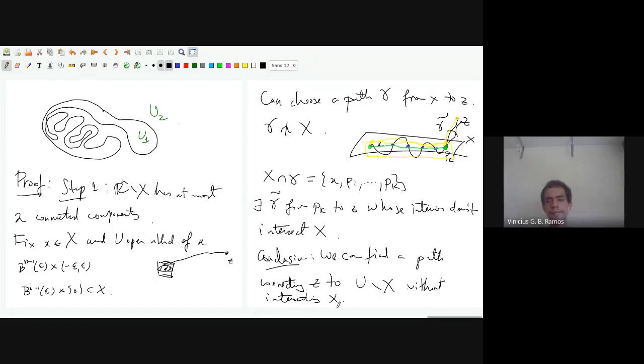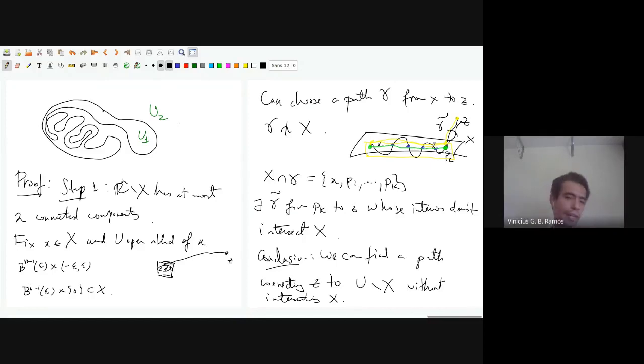Was that clear? If you want to write down more, you can write another paragraph. You can write the parameterization of gamma, and say that at gamma of some t0, you're at Pk, so at gamma of t0 plus epsilon, you're in a neighborhood of Pk, but the path that goes from there to Z never intersects X. Then you can write down this neighborhood of this path.